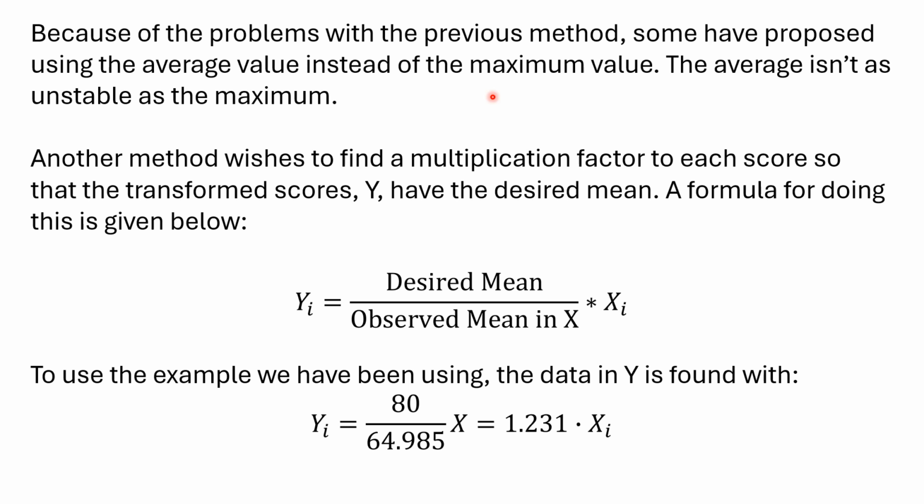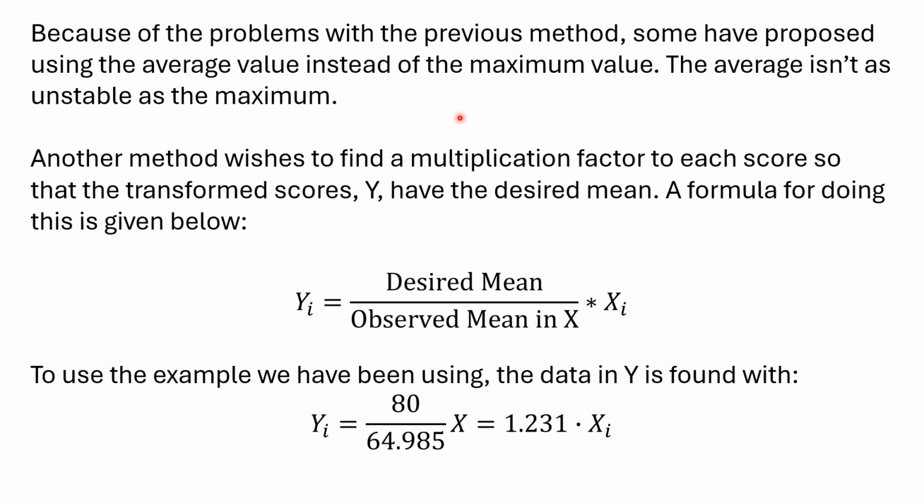So that's another approach to consider. Using that approach, you would use your actual average value in your x, and then you would figure out what the booster is in order to get it to the desired y. Okay, so that's another statistic you could use to boost.